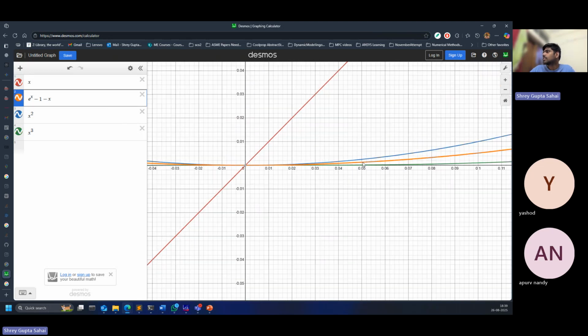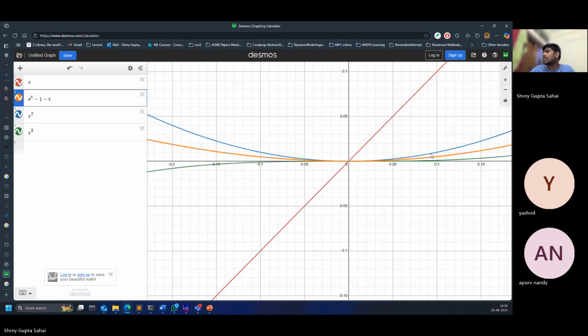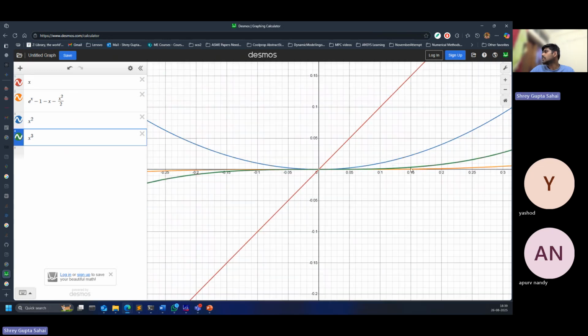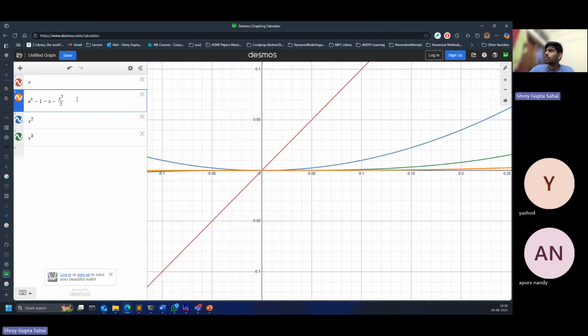See, in the limit, when I subtract, it will become a tangent to x cube. See, it is a tangent to x cube. I go ahead and do the next one.